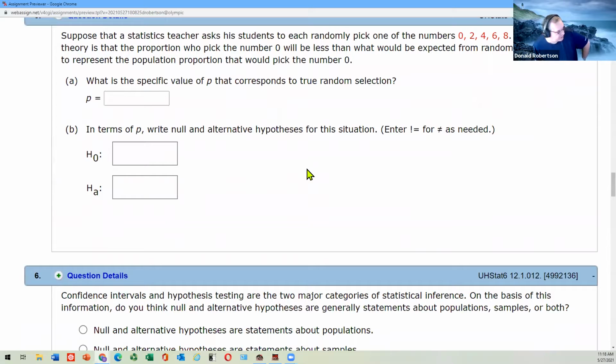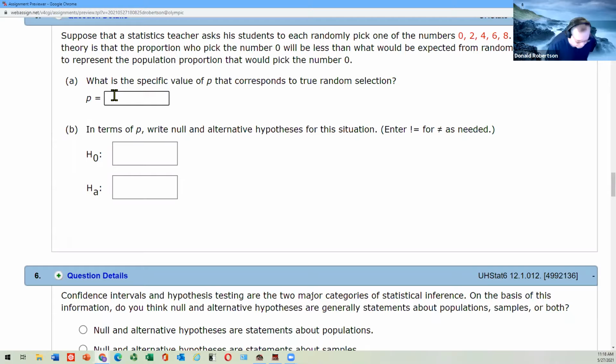Suppose that a statistics teacher asks his students to each randomly pick a number from 0 to 8. His general theory is that the proportion who pick the number 0 would be less than what you'd expect if it was random. So what specific value of P would you expect if you just randomly chose a digit? What percentage should be a 0?